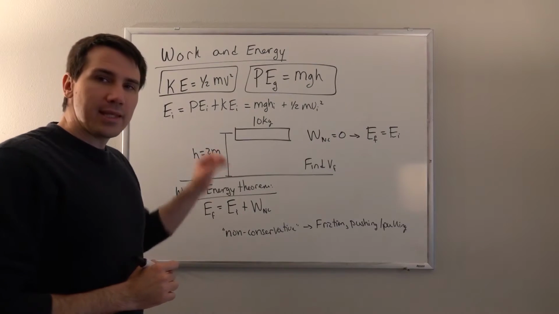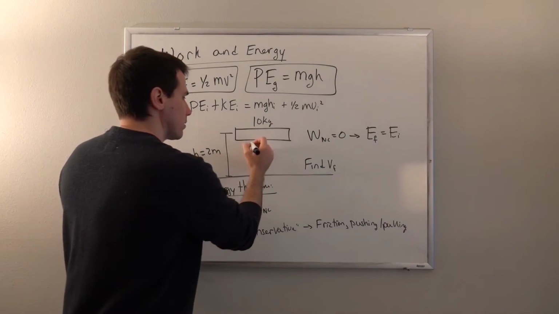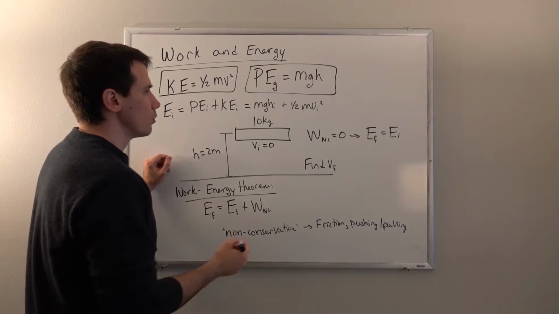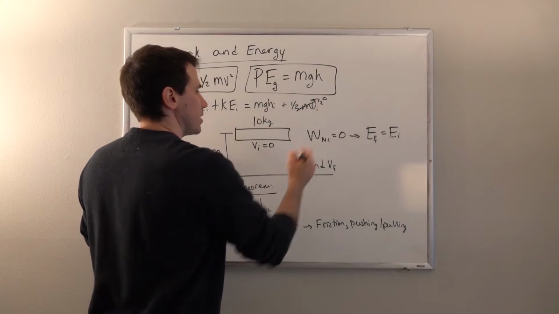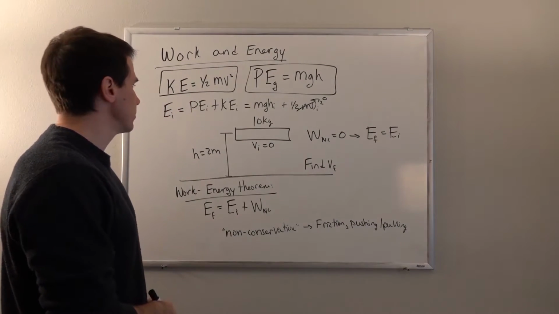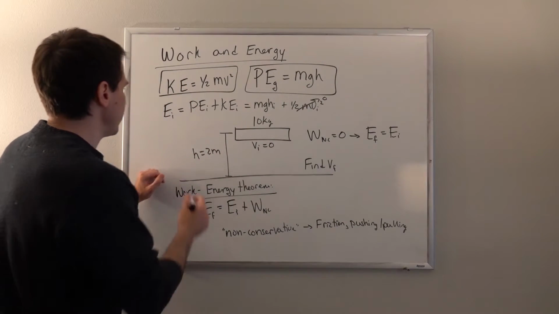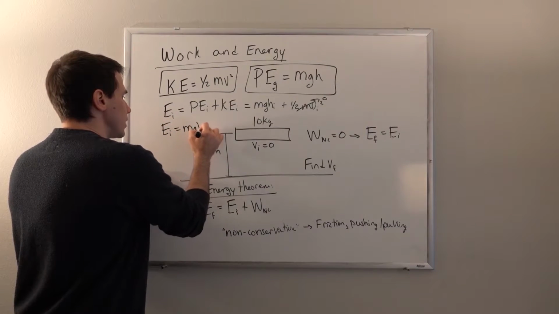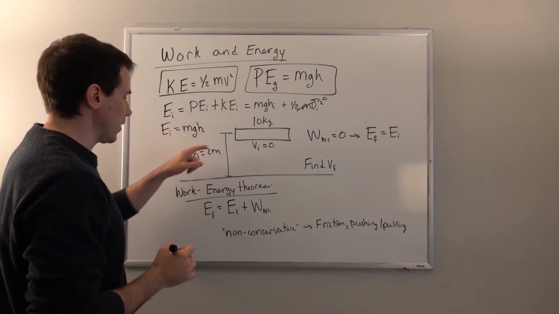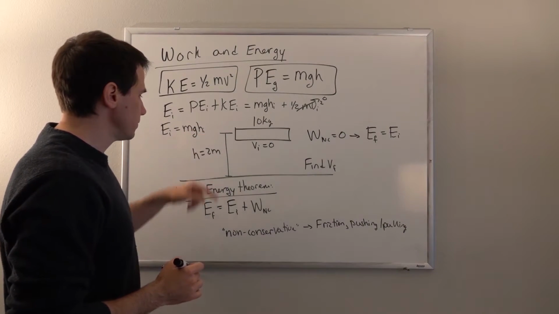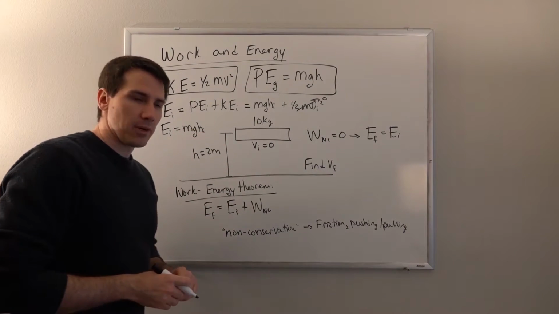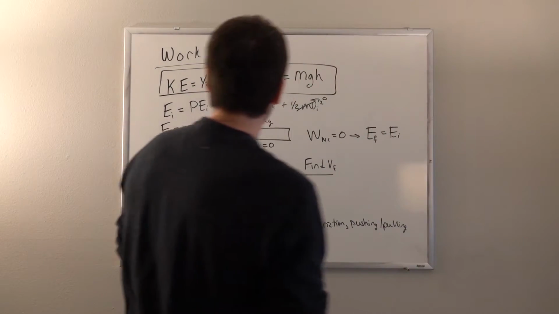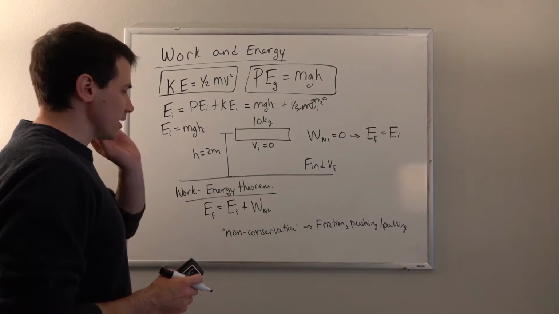Now, in this case, we said we dropped the pen, which means that its initial velocity must be 0, which means that this term here must be 0. So we can write that our initial energy equals mgh initial, our height that we dropped the pen from. Okay. So now we've written down our initial energy.